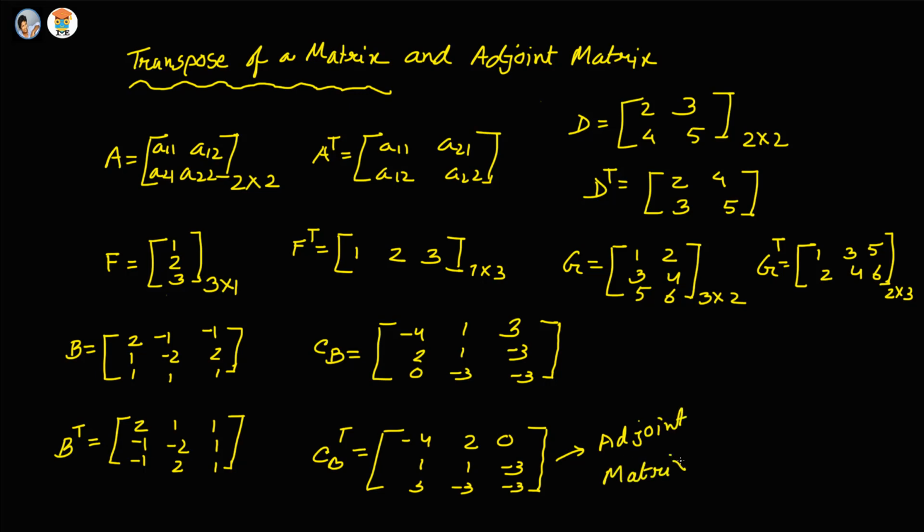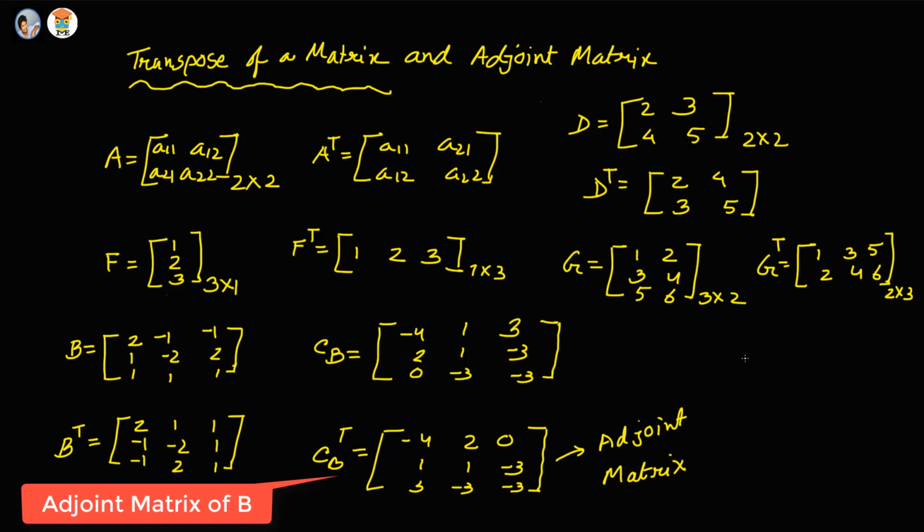Now again, say you have an identity matrix I, which is equal to 1 0 0, 0 1 0, 0 0 1. If you want to find out the transpose of this matrix, IT, then the first column will be turned into the first row, 1 0 0.